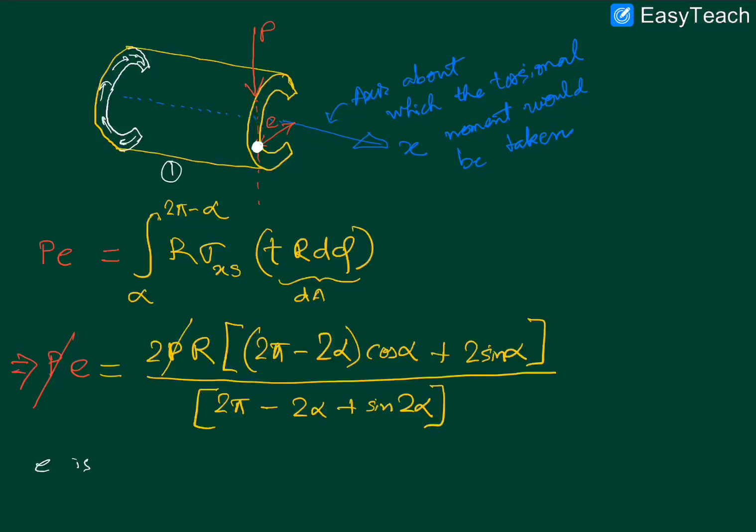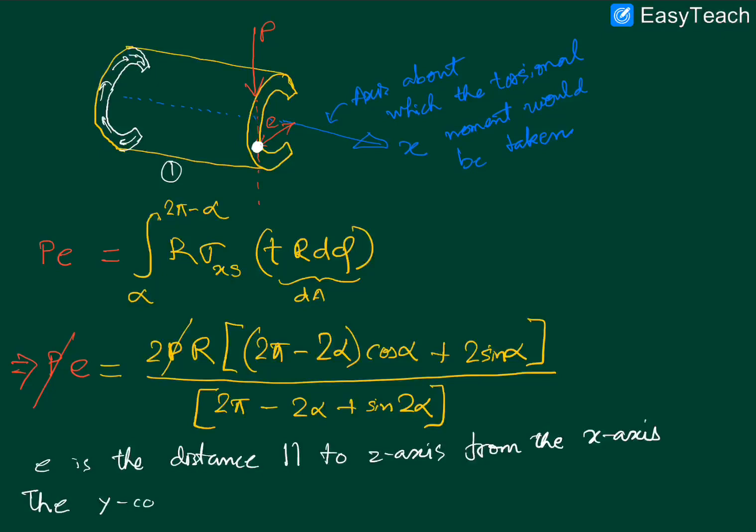So E is the distance parallel to the z-axis from the x-axis, and the y-coordinate for the shear center is 0.